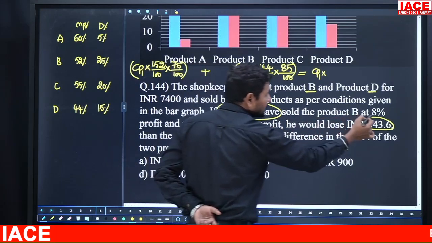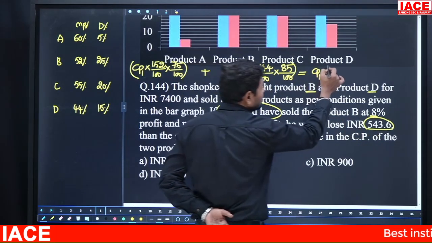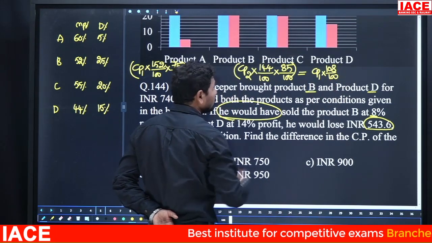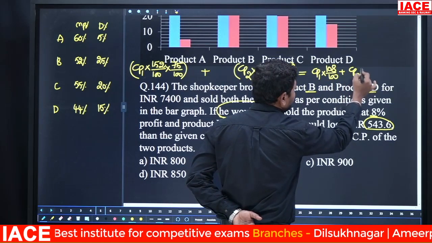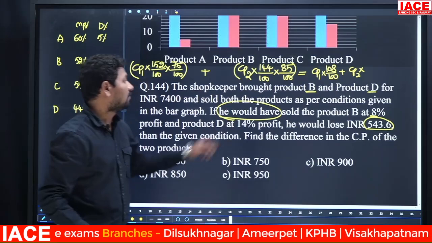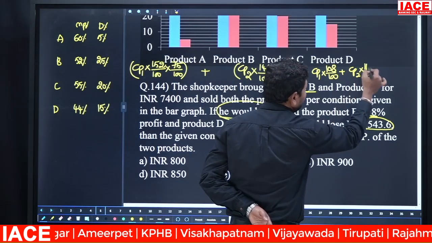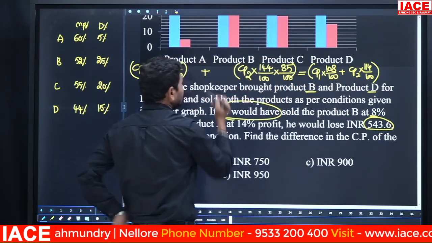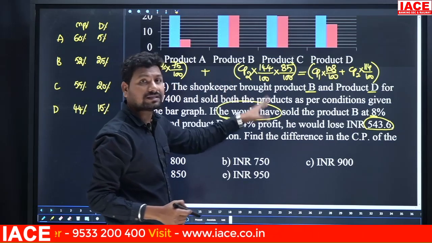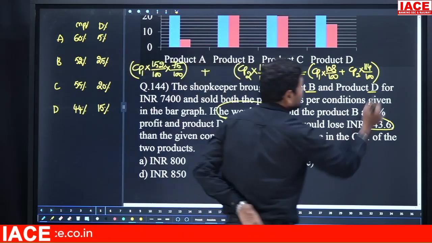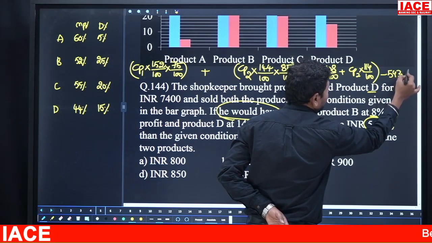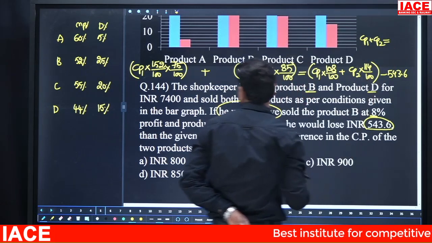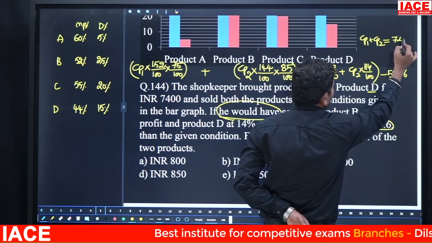With 8% profit on cost price, it becomes 108 by 100, plus cost price CP2 sold at 14% profit, which means 114 by 100. Then this is the expected selling price. The actual selling price of the two products compared to the expected selling price is how much less? 543.6. And CP1 plus CP2 is equal to, as we already know, 7,400.